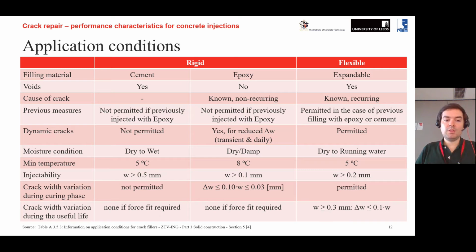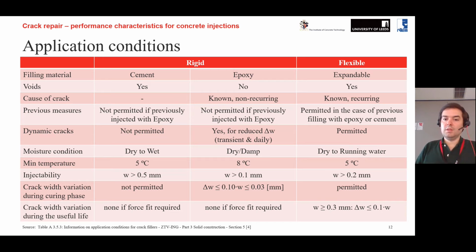Regarding crack width variation during the useful life, of course we cannot accept crack width changes with cement applications. With epoxies also, we cannot accept these changes, unless there are some limited variations, but I think it's quite minimal. So be careful with this, and always seek the manufacturer's recommendation.